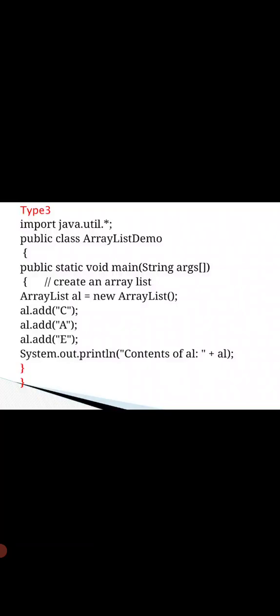And type 3 is, here I have created an ArrayList and inserted values C, A and E. Now I have to print all the elements in the ArrayList so that I can use the object value AL within a printing statement, which gives me all the values C, A and E.